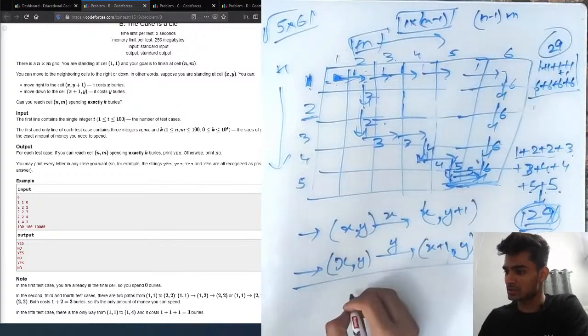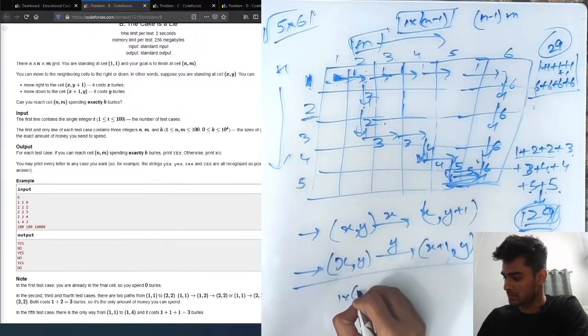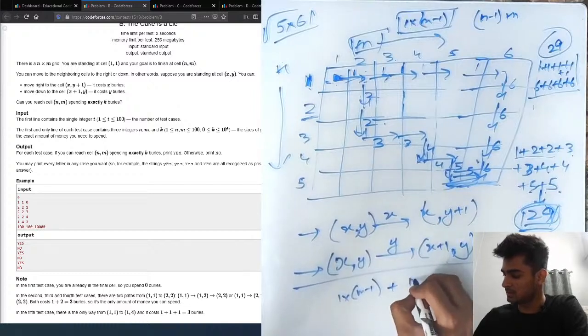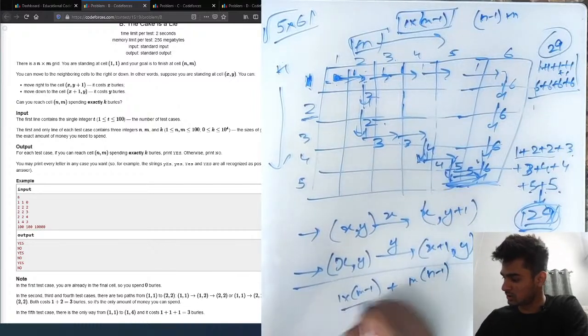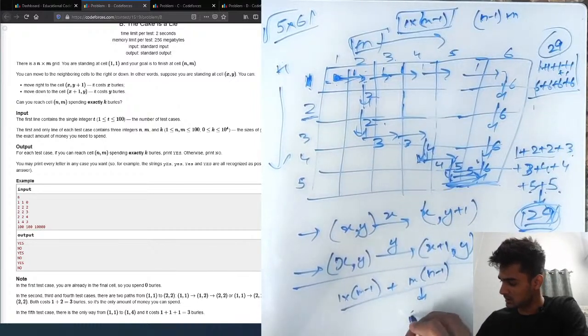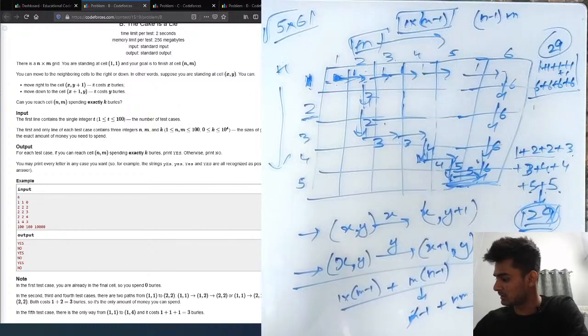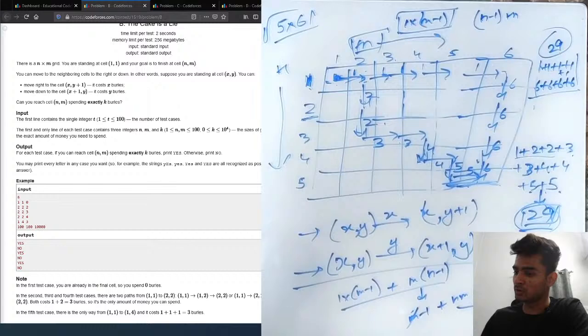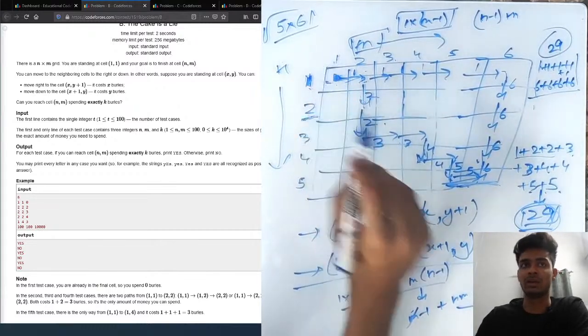So the total cost comes out to be 1 times m minus 1 plus m times n minus 1. Let's solve this. So this becomes m minus 1 plus nm minus m. Now this m and this m get cancelled, and this comes out to be nm minus 1. That is the total amount that we need to pay for moving from 1 comma 1 to n comma m.